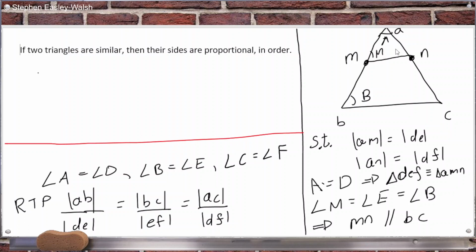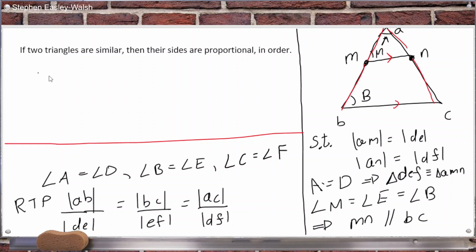I can't remember the name of the theorem, but it says that if this is parallel to this, then this and this here is going to be in the same proportion as this side and this side here. That's not a theorem I've done recently, but that's an earlier theorem that can be used.